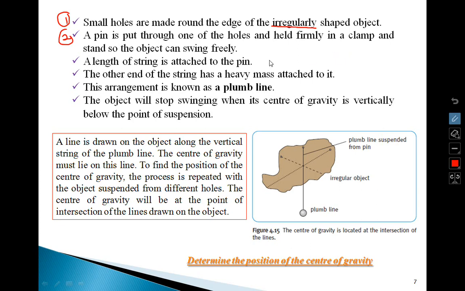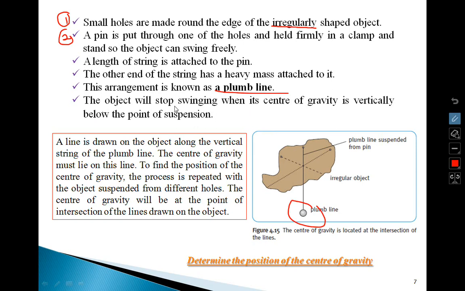Then a length of string is attached to the pin. The other end of the string has a heavy mass attached to it. This arrangement, as we discussed in the previous slide, is known as a plumb line.